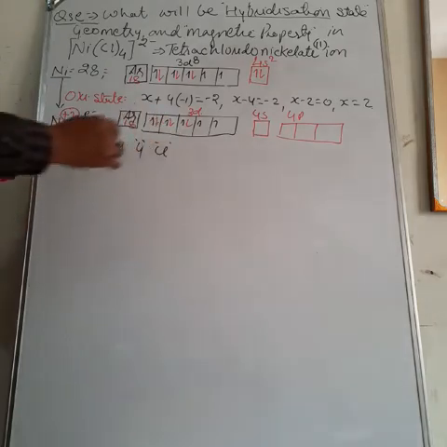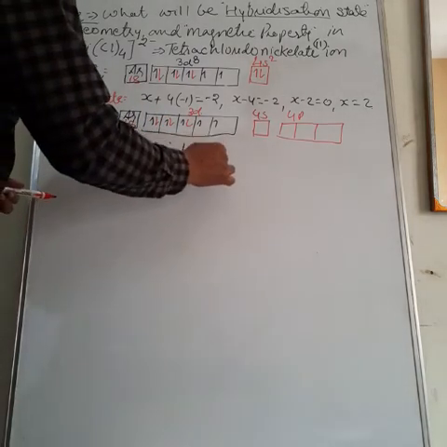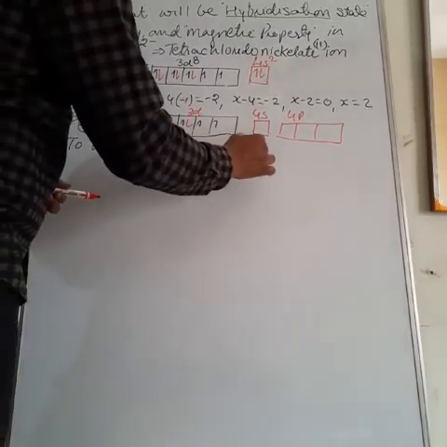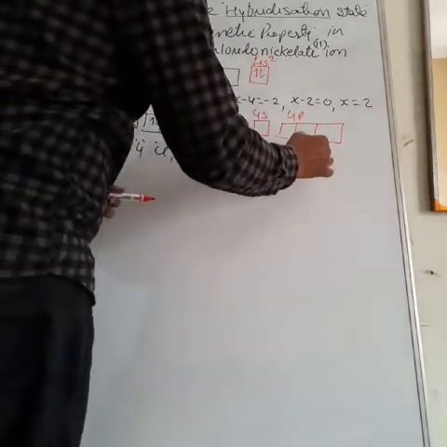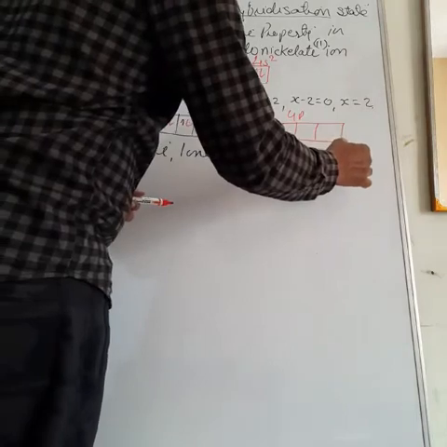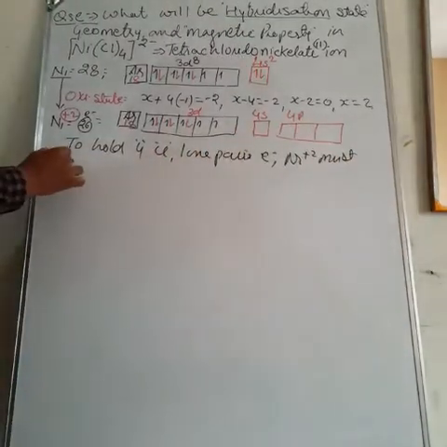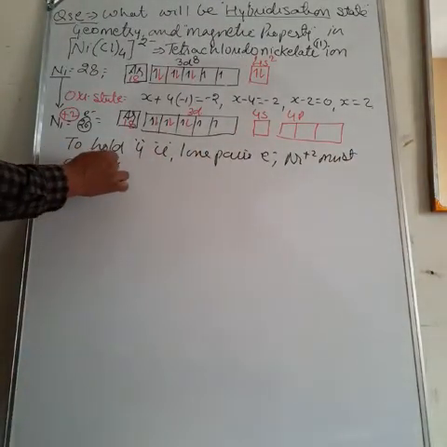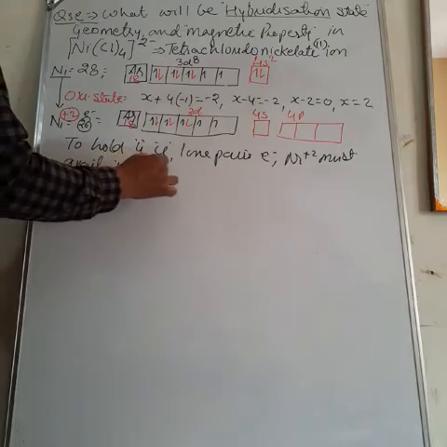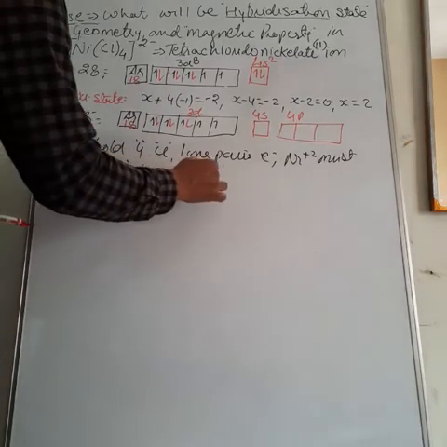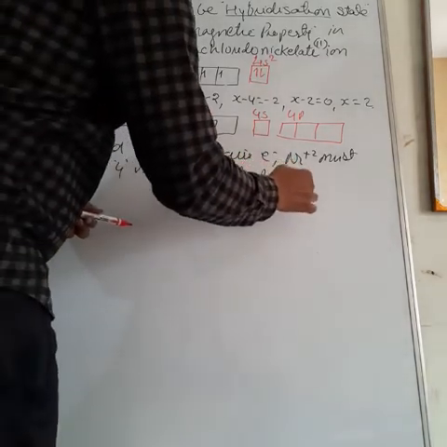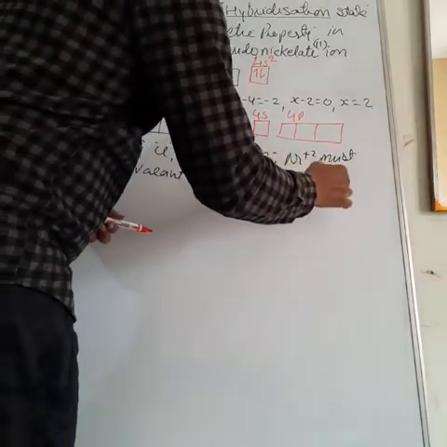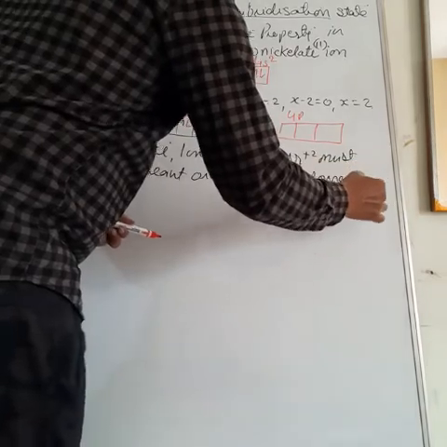Now to hold the lone pairs of electrons from 4 Cl ligands, nickel 2+ must avail 4 vacant orbitals of equal energy.